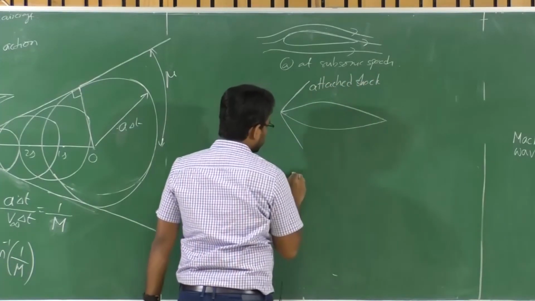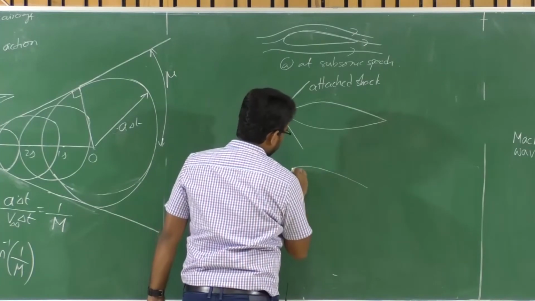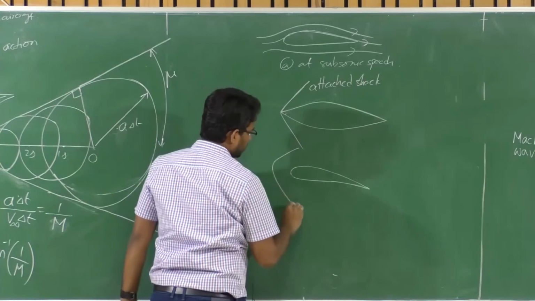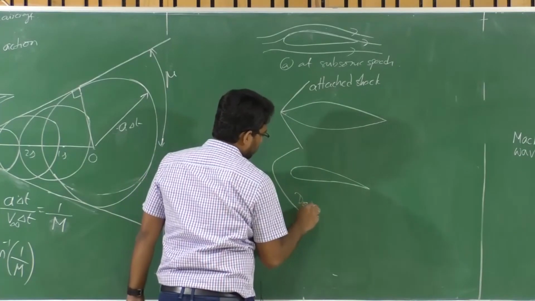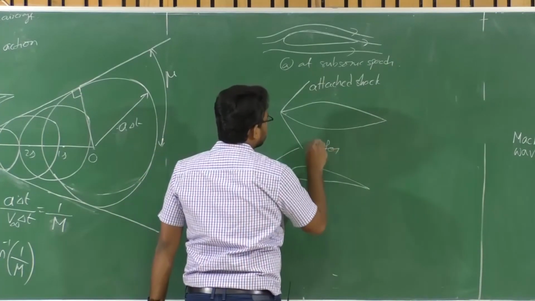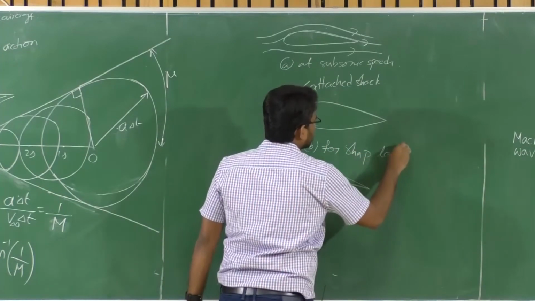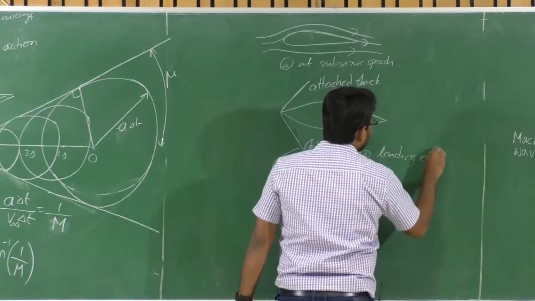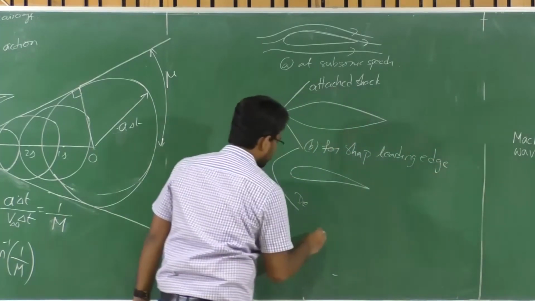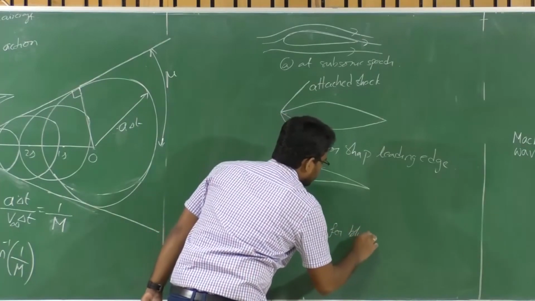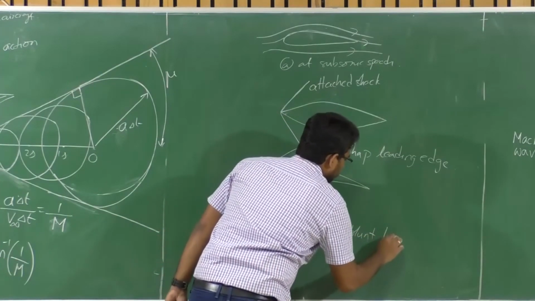If the leading edge is blunt, you will end up seeing a detached shock. That is for sharp bodies, for sharp leading edges. For blunt bodies, this one. Blunt leading edge.